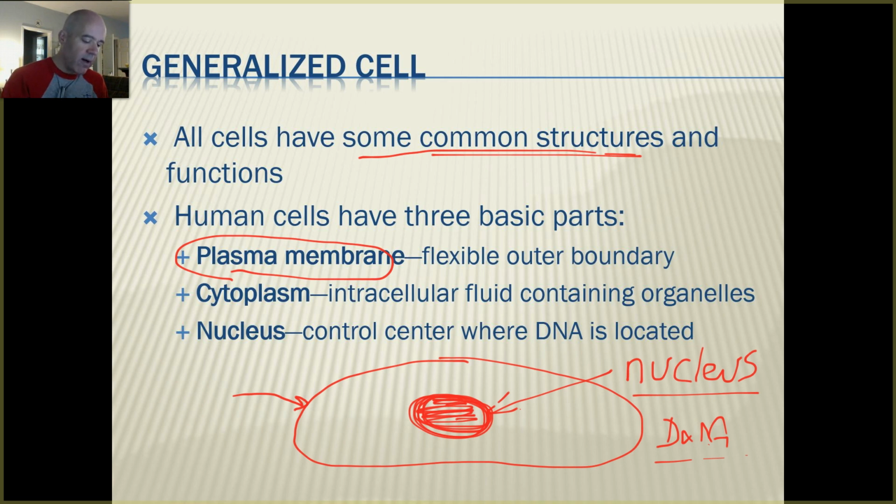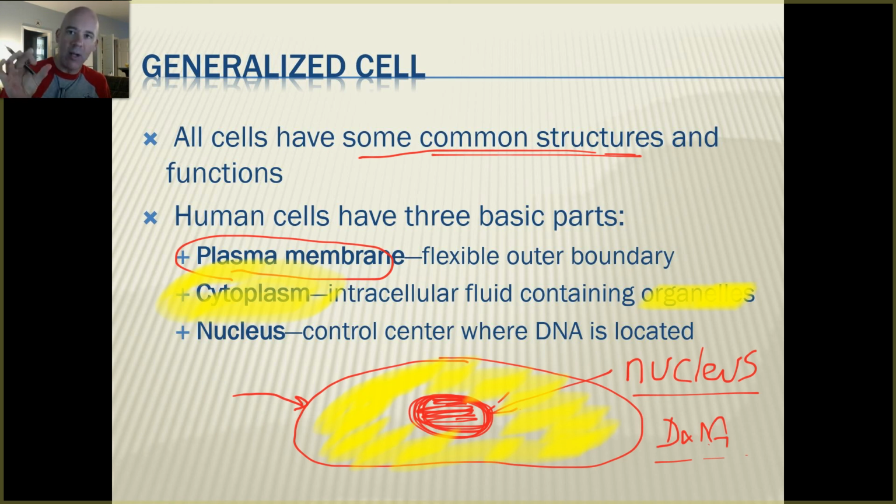All right, so now everything in here between the plasma membrane and the nucleus is considered to be the cytoplasm, and that consists of intracellular fluid, so that means fluid inside a cell. And then there also are a lot of, remember in chapter 1 we talked about organelles? Those are almost like little miniature organs.